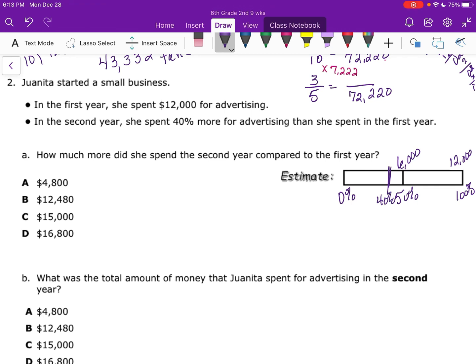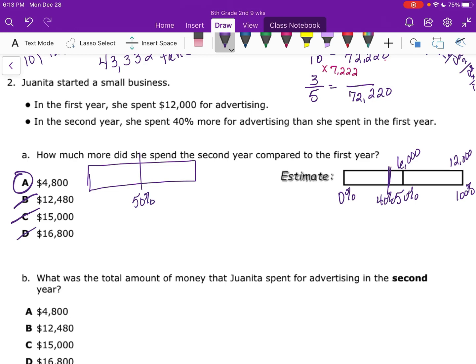Just from doing that estimation, what does our answer have to be? It has to be A, because it cannot be more than, right? All right, let's just make sure we got it right. Okay, so, well, let's just go through the process because we need to practice, right? We know that's the right answer though.